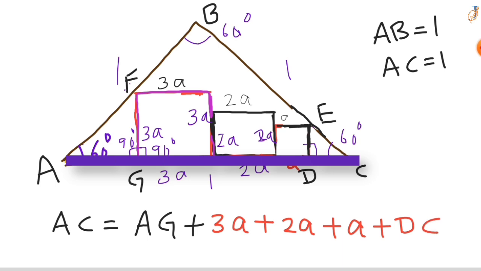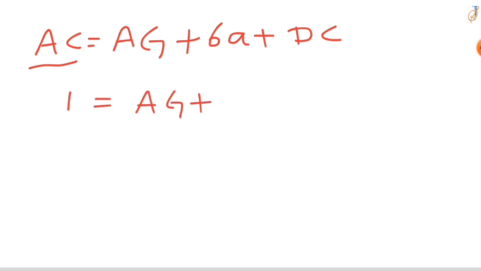So AC equals AG plus 3A plus 2A plus A, which gives 6A, plus DC. And we know that the AC length is 1. So 1 equals AG plus DC plus 6A. Now our goal is to find the AG and DC lengths.